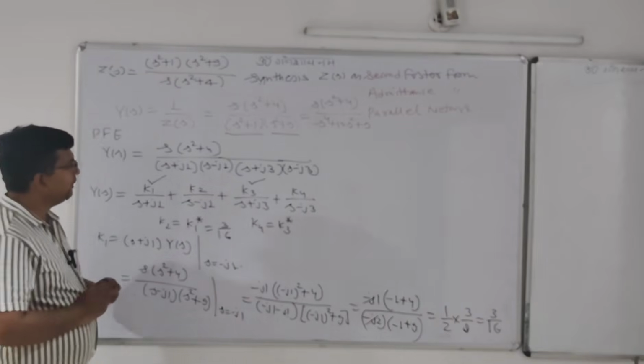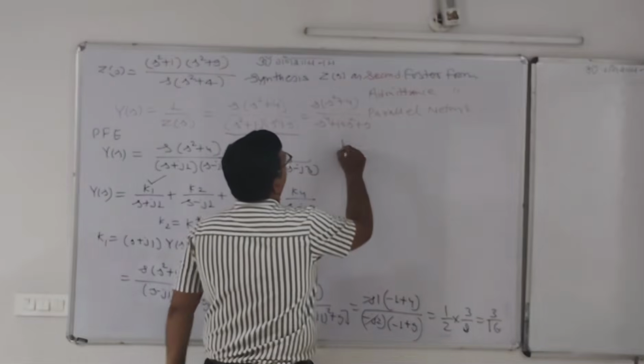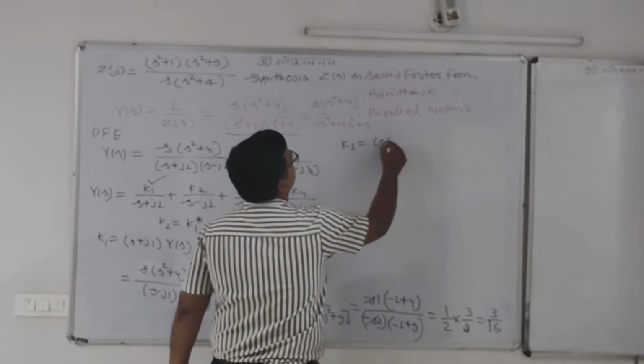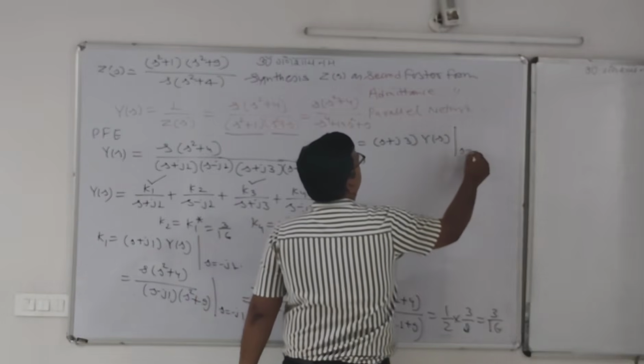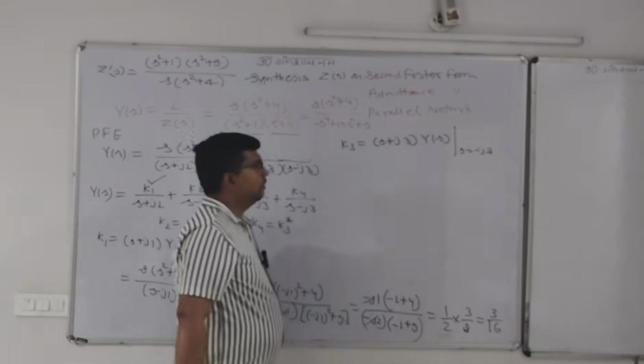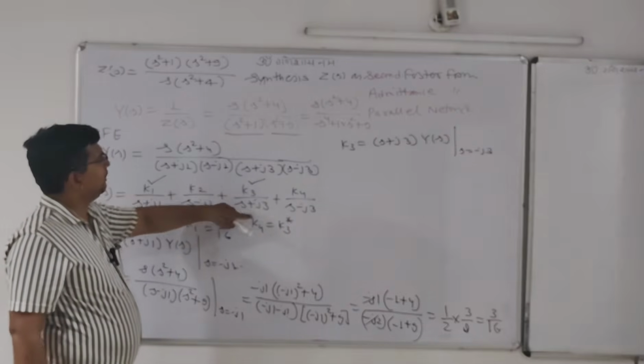Now similarly we will determine K3 also. What is K3? K3 will be (s plus j3) multiplied by Y(s), putting s equals minus j3. When we multiply by s plus j3, this term cancels out.